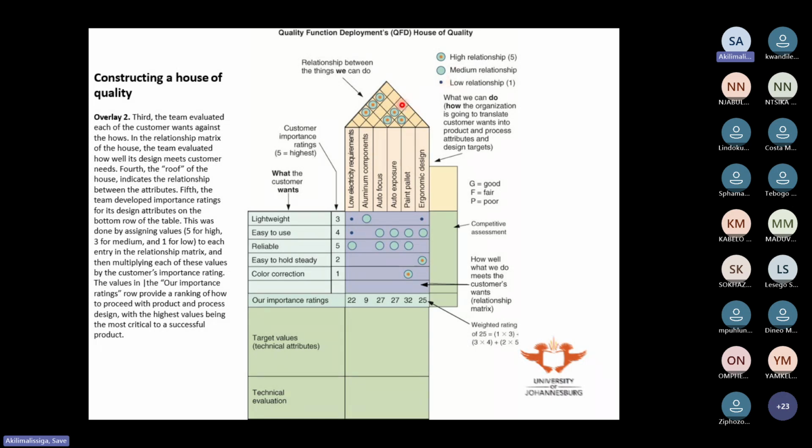All right. So once you are done with the roof, the next step is to move on to the relationship matrix. The relationship matrix here is this section of the house.